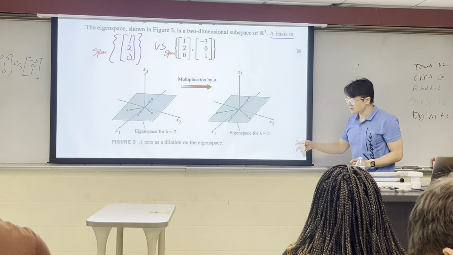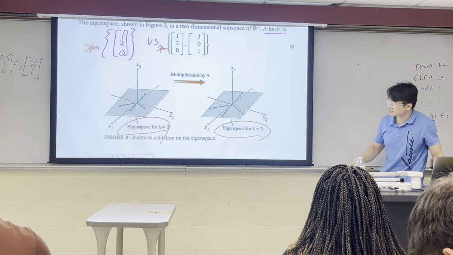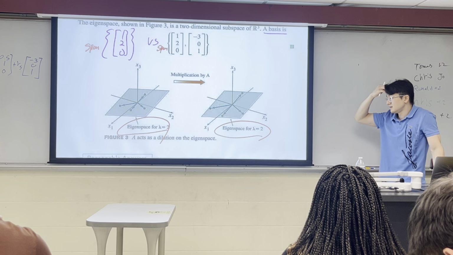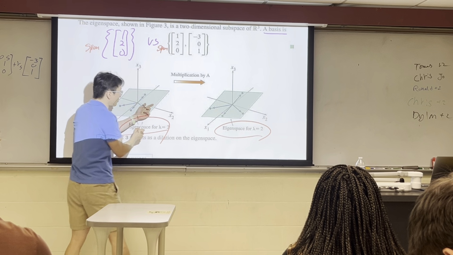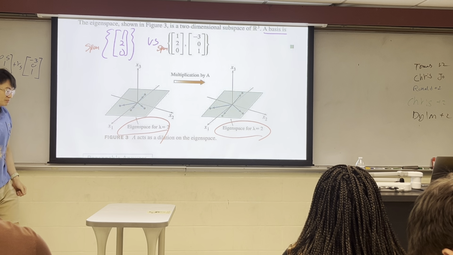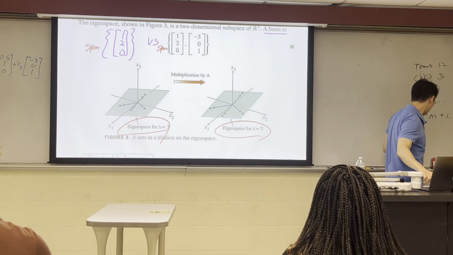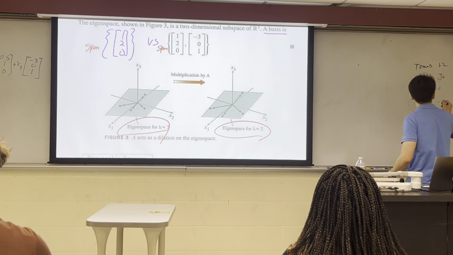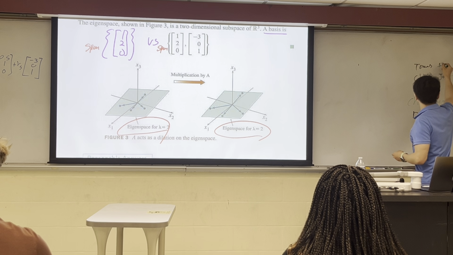And so, what is this? Explain this. Why is this picture explained like this? Ten extra steps. What is it?